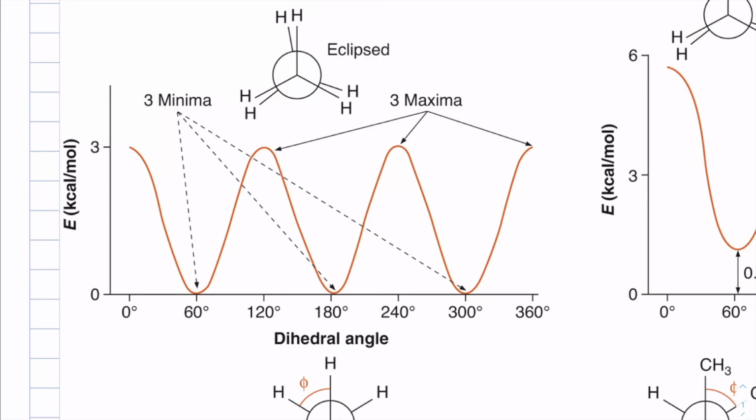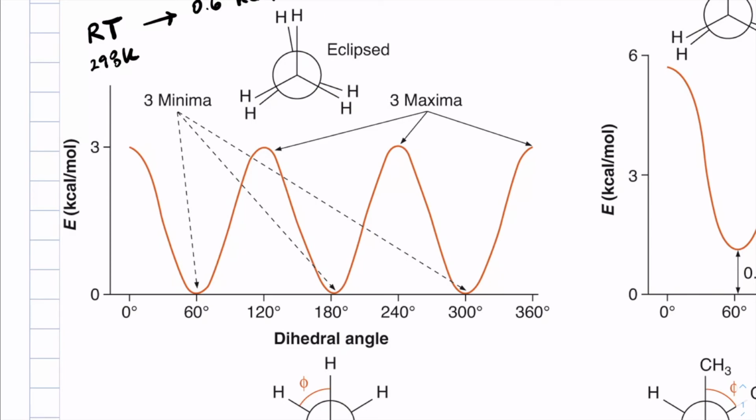So your text tells you if you want to know about how much thermal energy you have in an ensemble of molecules at room temperature per mole, then you just calculate RT, which is the gas constant times temperature. And at around 298 Kelvin, I believe your text says RT comes out to be about 0.6 kilocalories per mole.